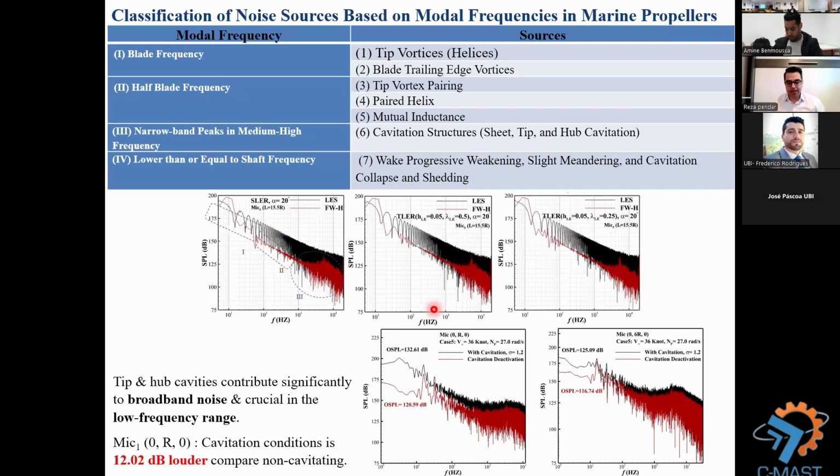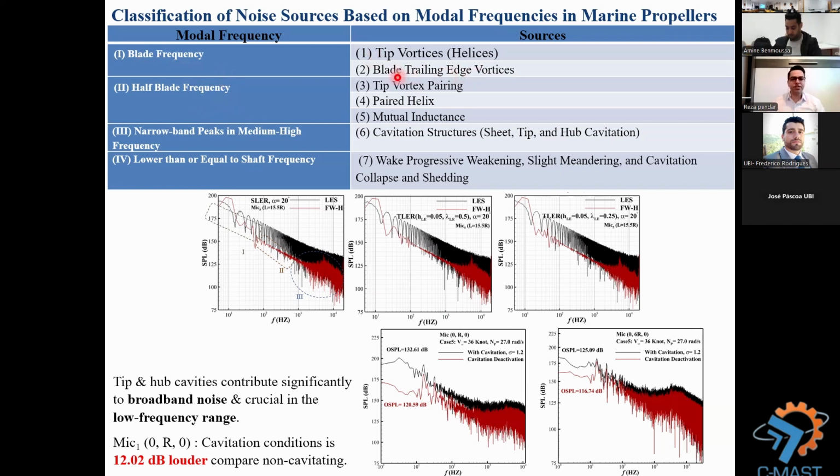In our modeling, after deep analysis of the wake structure and also fast Fourier transform analysis of the noise recorded by the microphones, we could organize the frequency levels. For example, the blade frequency, we reported, is mostly related to the tip vortices and blade trailing edge vortices.